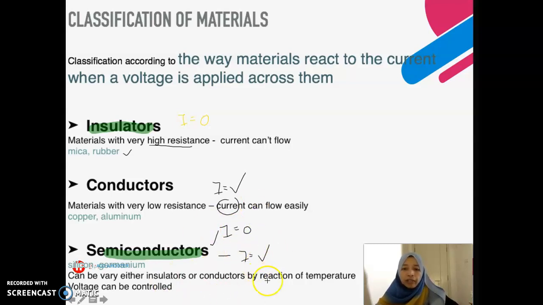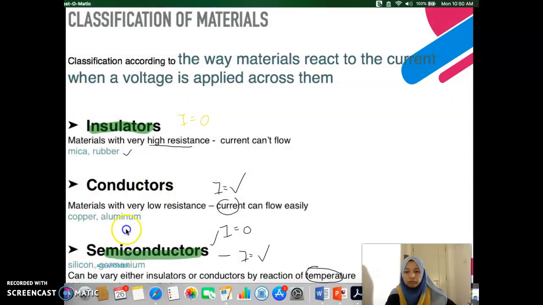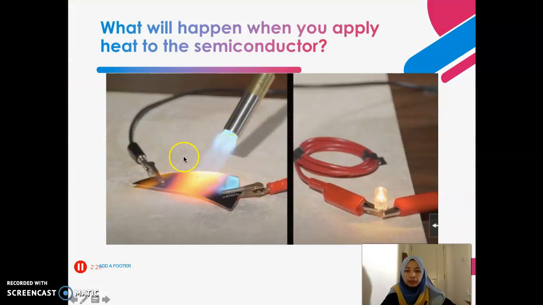So how do we react on this semiconductor? We are going to increase the heat, apply the heat on the semiconductor, and you can have the current. So we'll see how this works inside one of the video. Okay, so let's see, this is one type of semiconductor. We call this one silicon. So what will happen when you apply heat to the semiconductor? As we mentioned before, it is semi.